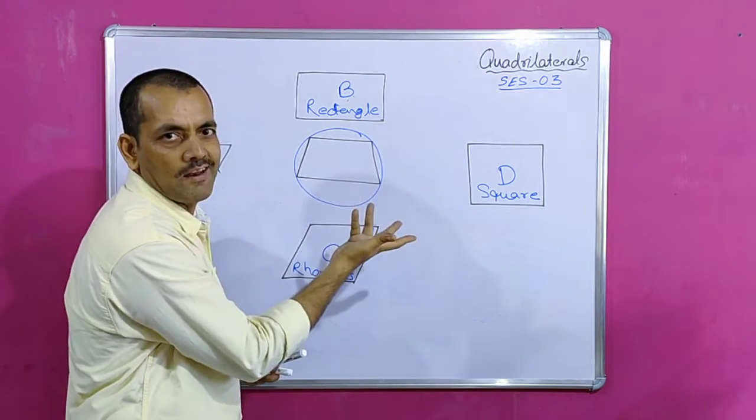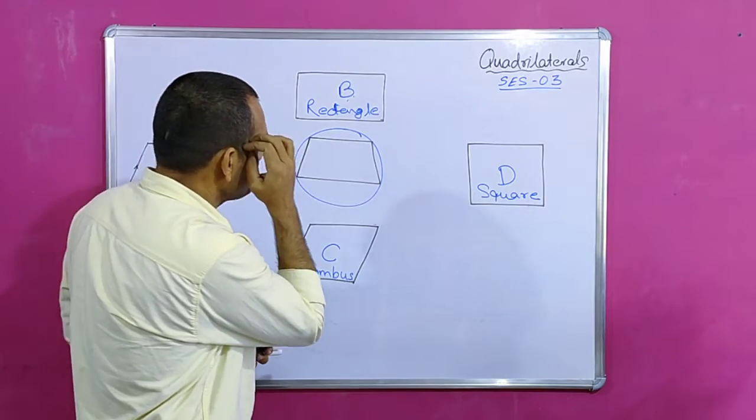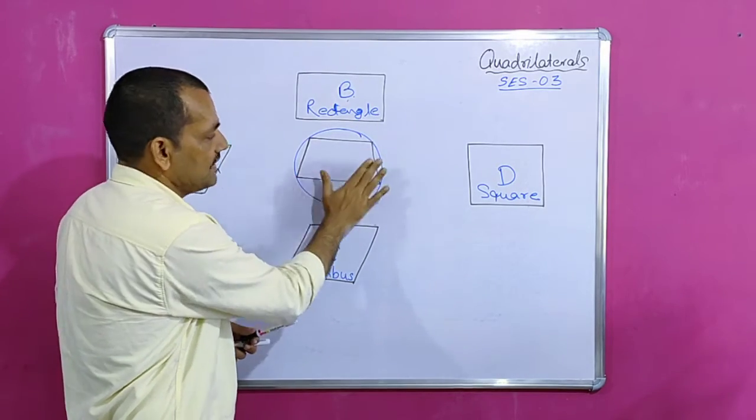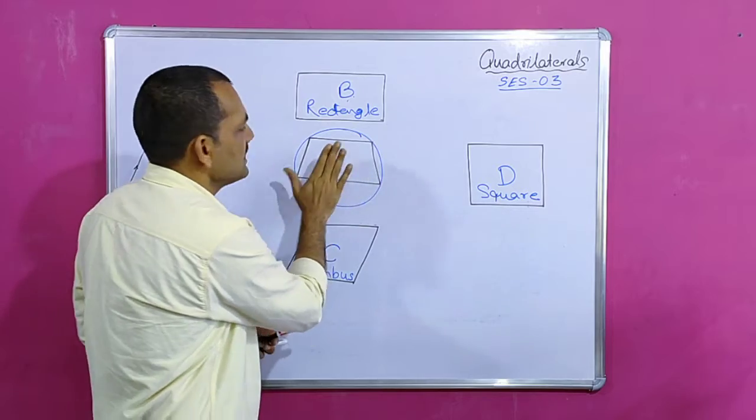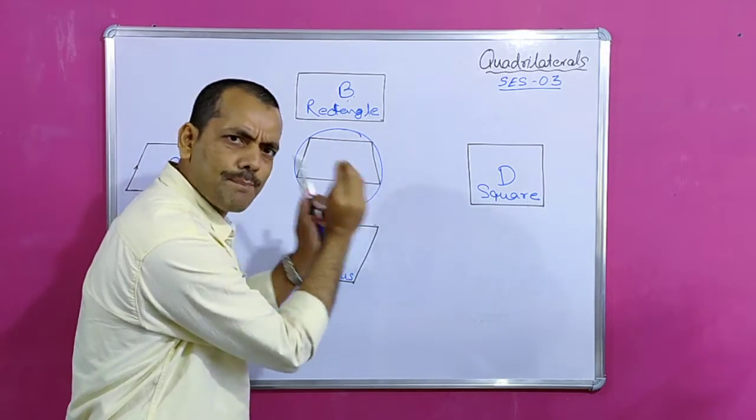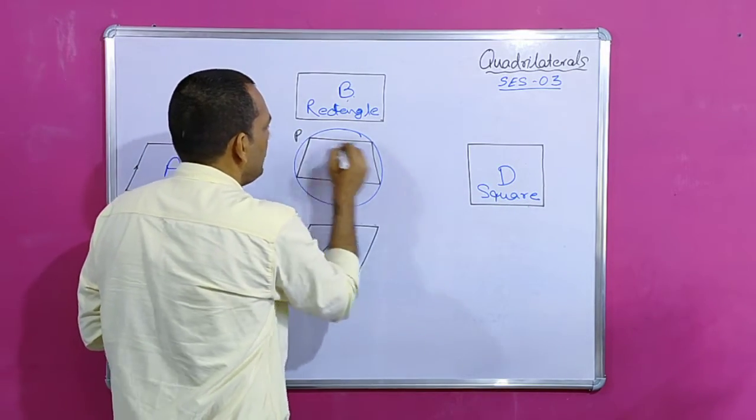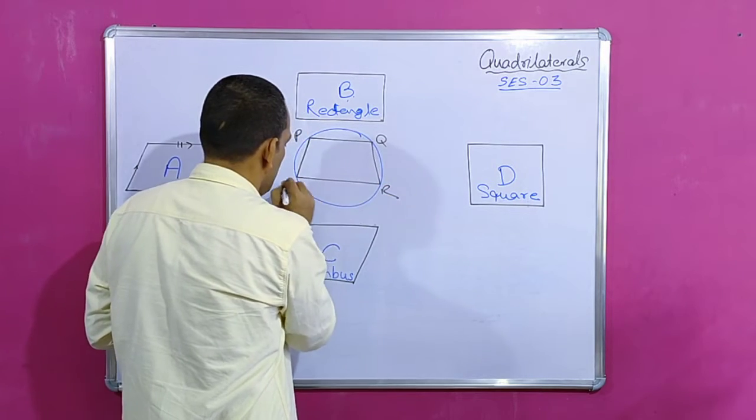Obviously, it is not looking like a parallelogram. It is a rhombus, but I have just made it purposely. Sorry, it's looking like an isosceles trapezium, but I have just made a parallelogram, and let's consider this a parallelogram. So, P, Q, R, S.